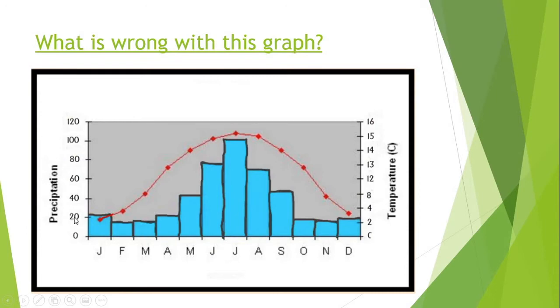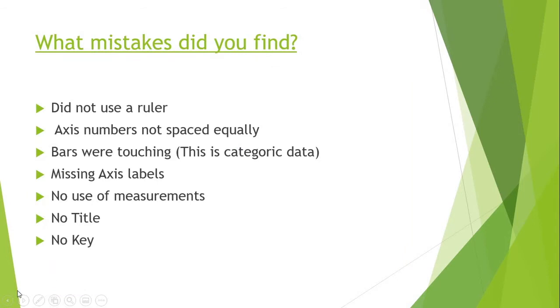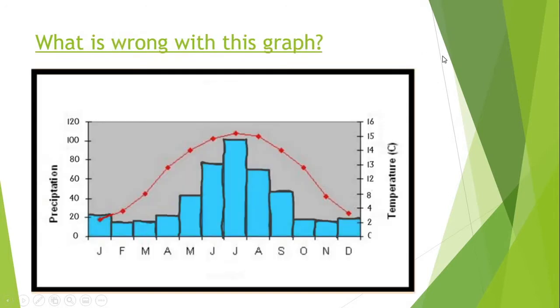So this could be 20 pints, 20 baths, 20 swimming pools. You need to put the units here. Today we'll be using centimetres. No title, a graph to show the climate of Manaus, and no key. In a climate graph, we appreciate a key to show the blue colour for precipitation and the red colour to show our temperature.